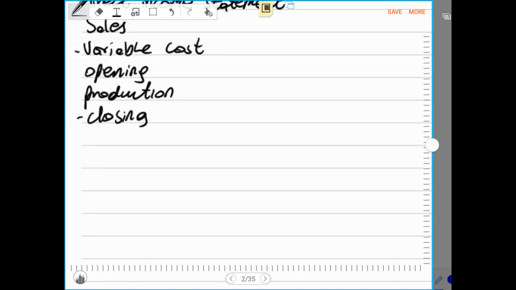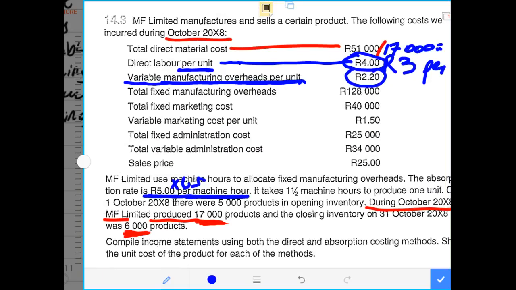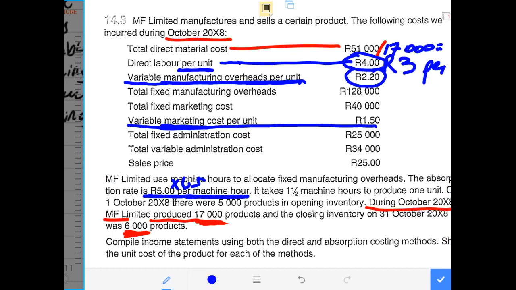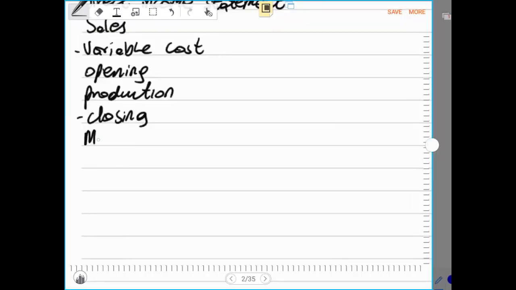Then after that, we have to take into account all the variable cost. We did have variable manufacturing cost per unit. Therefore, now we will have variable marketing cost.